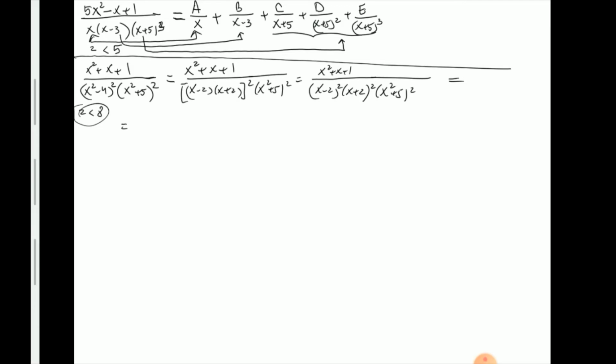For x minus 2 squared, we're going to have 2. So basically, this is corresponding to x minus 2 squared. Then for x plus 2 squared, we have another 2 of the same type.